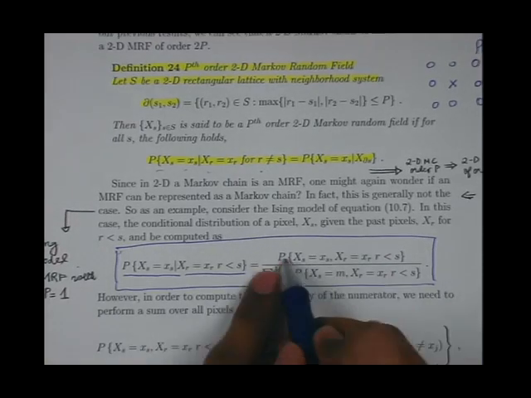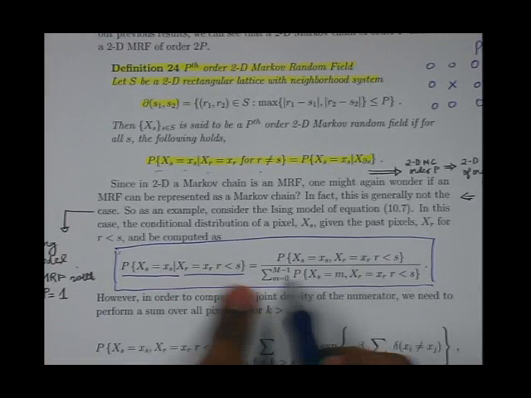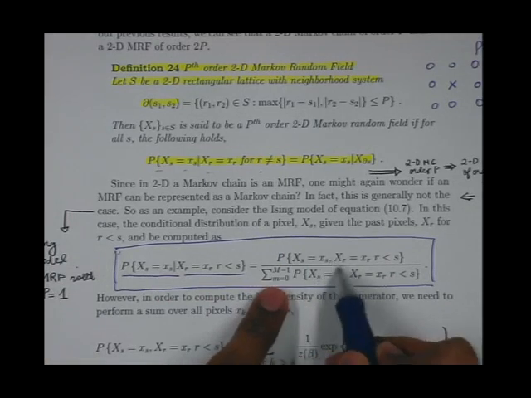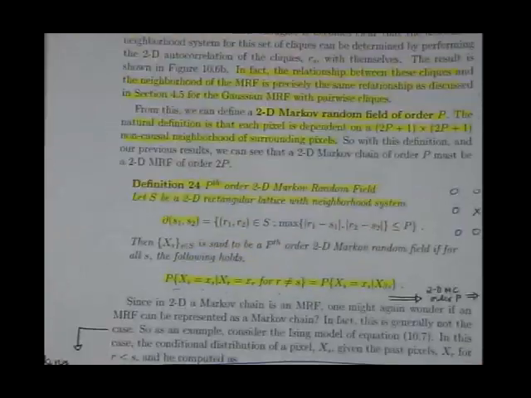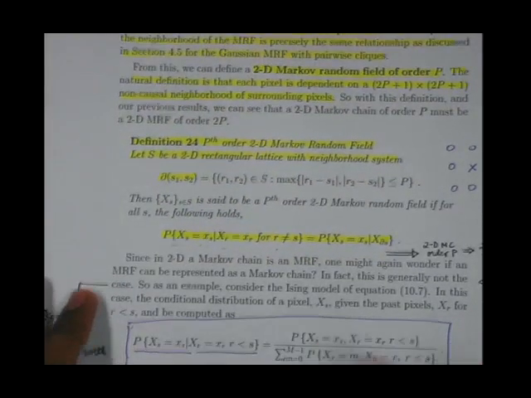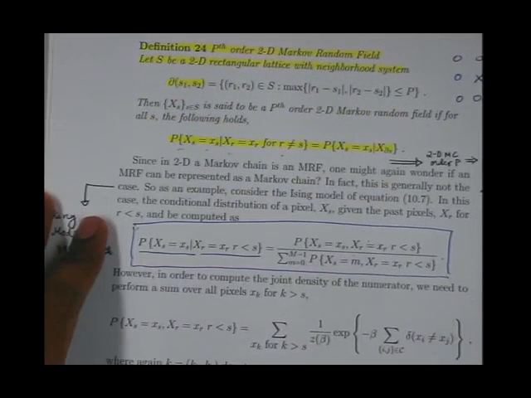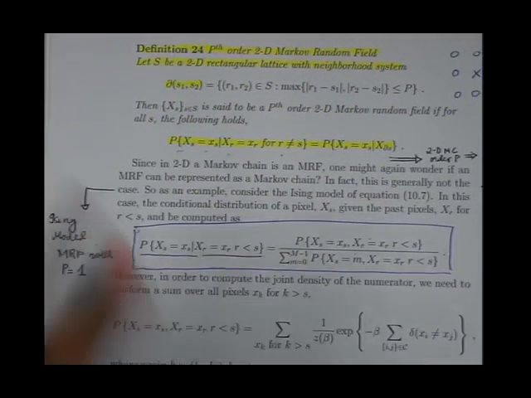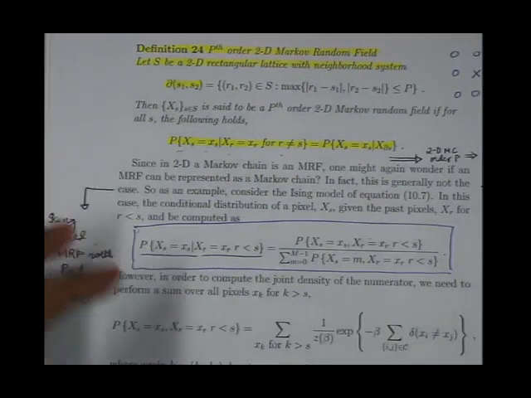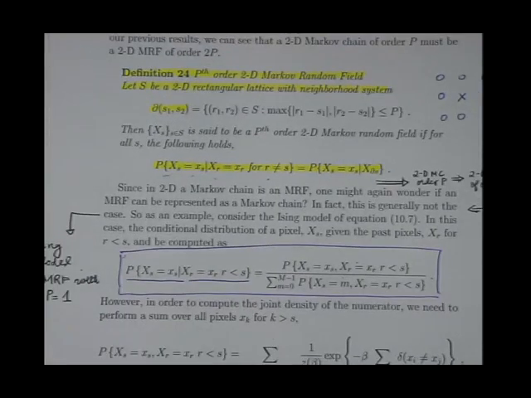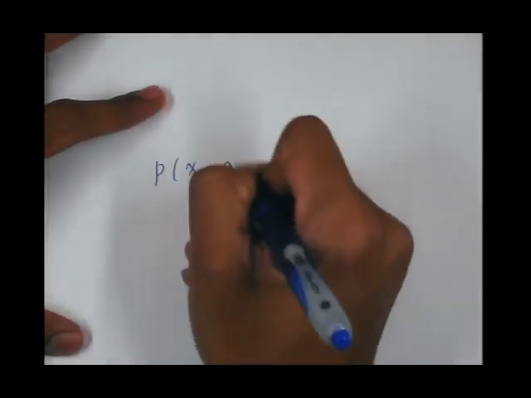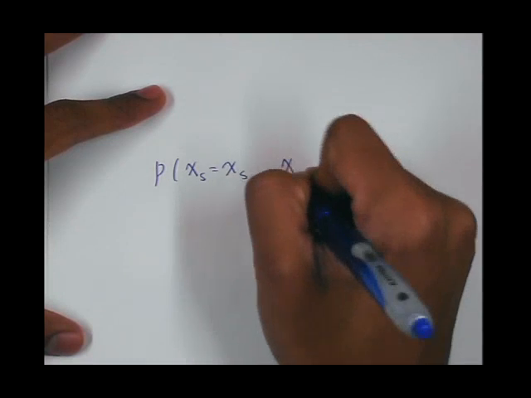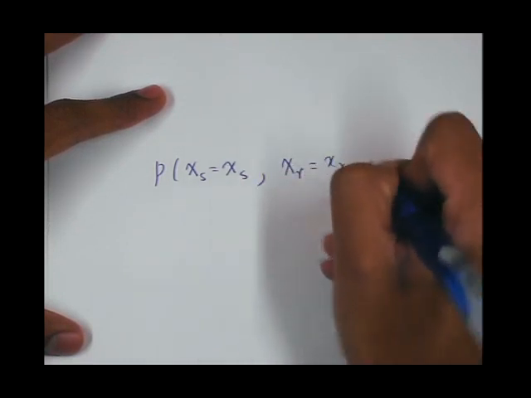When you write this out, it is just the joint density divided by the marginal, summed over n. This is a pretty straightforward step. Now, in order to evaluate the expression in the numerator, we need to take the joint density and sum it over all the states that come after it. I'll just show a picture of this quickly. What we're trying to show here is the probability of Xs equal to xs and Xr equal to xr for r less than n.